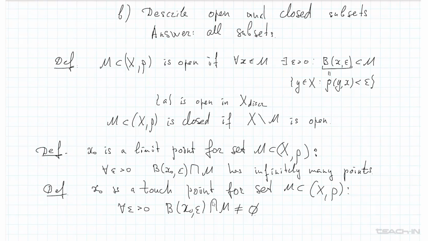Because for a limit point, we need to have infinitely many points in the intersection. For a touch point, it's just not empty. So if a touch point is not a limit point, it is an isolated point, yes? In the discrete metric, all sets consist of isolated points. So there is no contradiction.